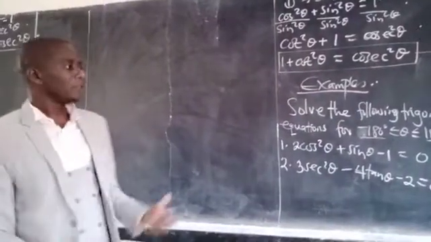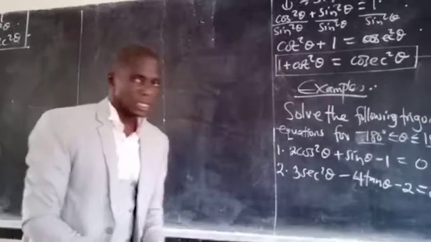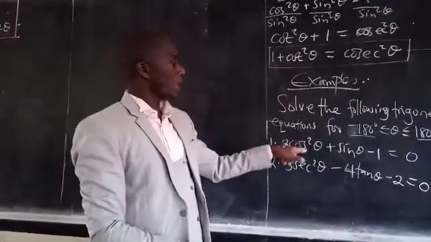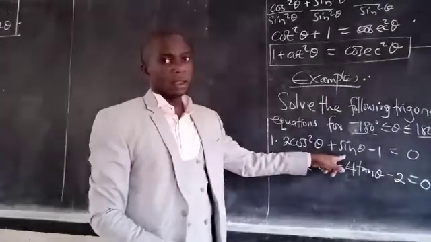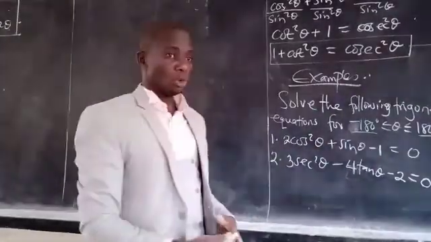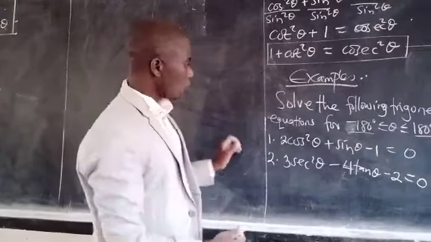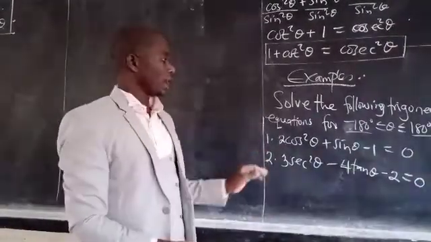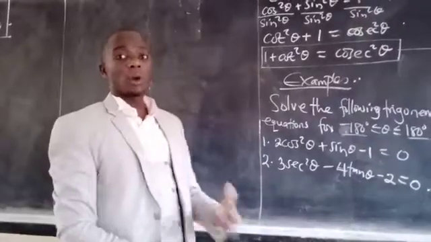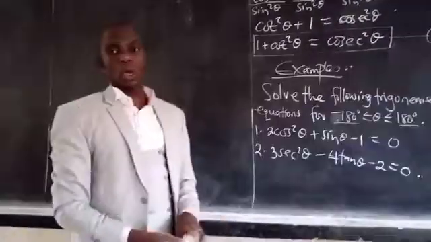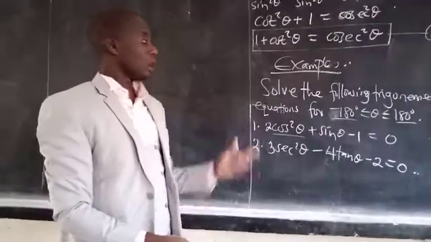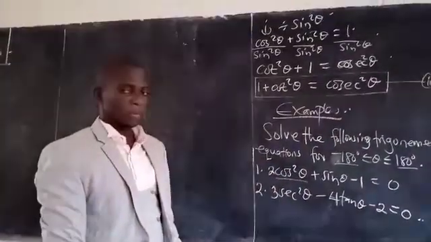If it was the previous time when we had not studied this, it would rather look hard, because this one is giving us a cos squared, this is giving us a sine. But now we know we can change from a cos squared to a sine squared. Then we have the capacity to now solve a quadratic equation in a sine. Since we have this cos squared which can be changed, then we solve and we are able to get the values of theta.